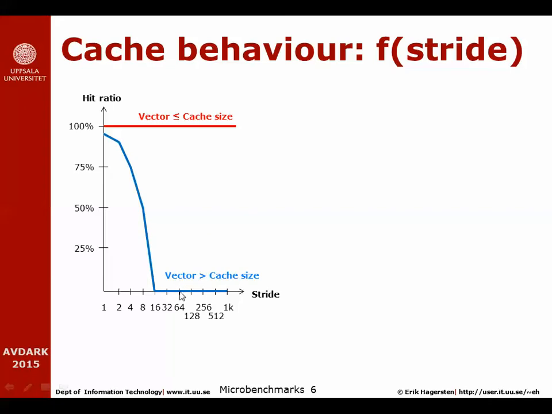So there is no spatial locality here that we can bank on. So the hit ratio stays flat at 0%. From looking at this picture, we can reverse engineer what the cache line size of the cache is. It's where the hit ratio stops being 0%, at 16.